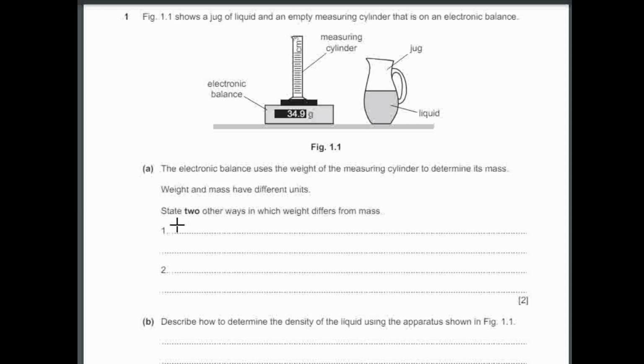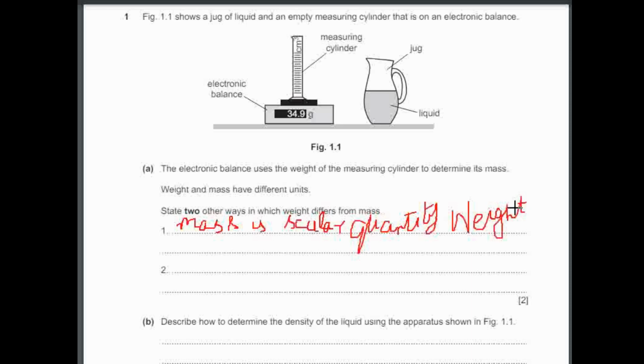So we can write that mass is a scalar quantity, whereas weight is a vector. So this can be one difference between mass and weight.